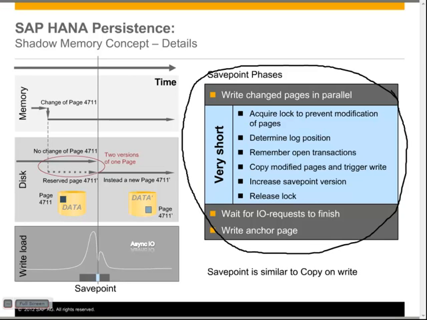We will have to acquire a consistent change lock so that no write operations are allowed. All the pages that were modified during phase 1 are determined and written to a temporary buffer. We then get a list of open transactions, and the row store information for uncommitted changes made during phase 1 is written to disk. The current log position is determined, the log position from which logs must be read during a restart, and then the change lock is released.